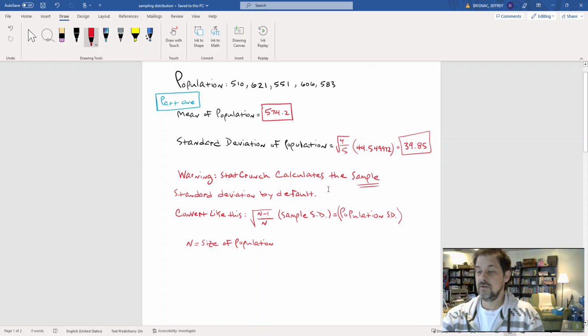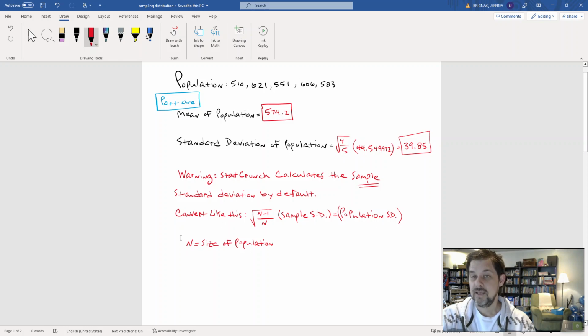So, here's what I would need to do in order to fix that. I'll give you a formula for conversion. If you take the sample standard deviation, which StatCrunch gives us by default, and you multiply it by the square root of (n minus 1) over n, where n is the size of the population, okay? Then you'll get the population standard deviation.